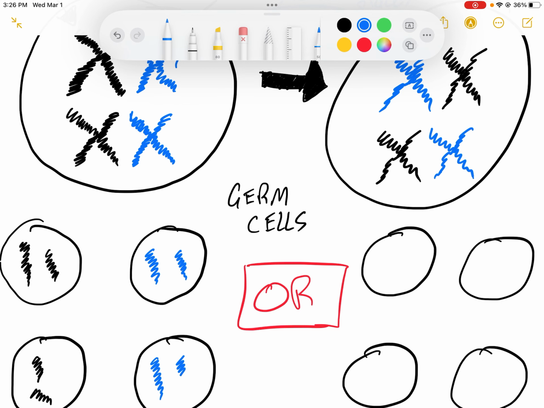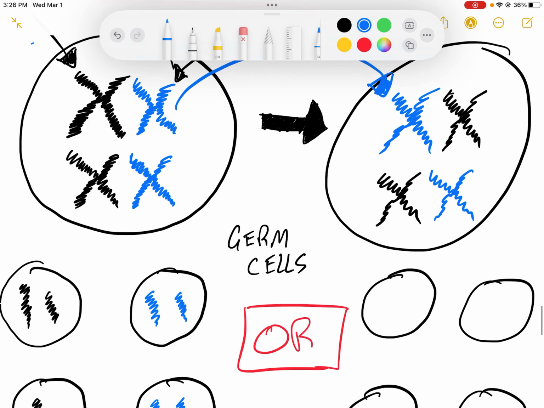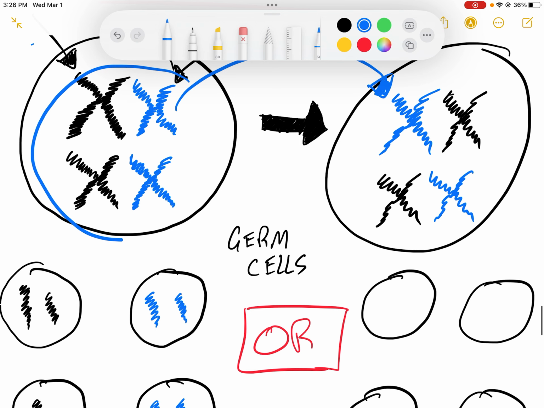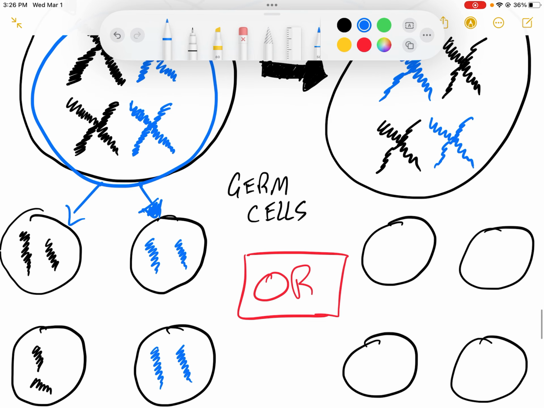Remember, we're halving the chromosome number. One thing to consider, we've got 4 chromosomes here, but only 2 in all of these. So by the time meiosis is done, we have successfully cut the chromosome number in half. Over here, guys, we have a little more variation. So when it's finally done, the left leg is going to have a blue and a black chromosome.